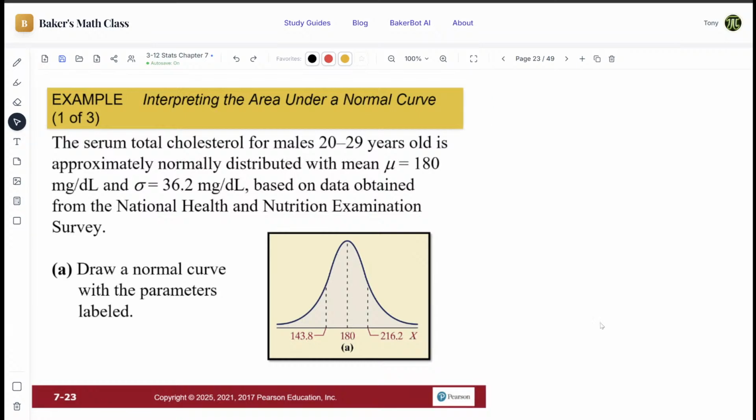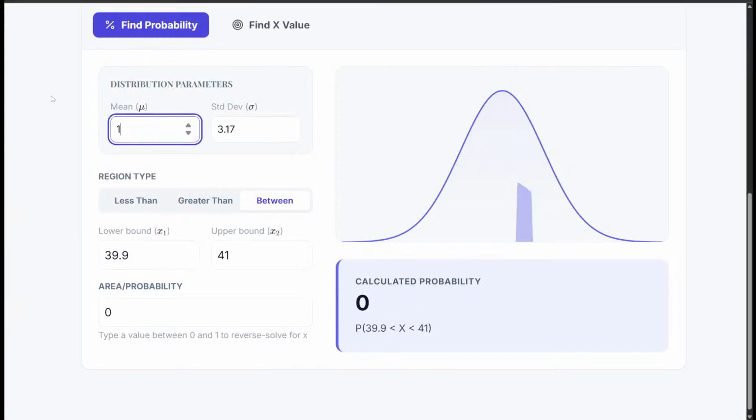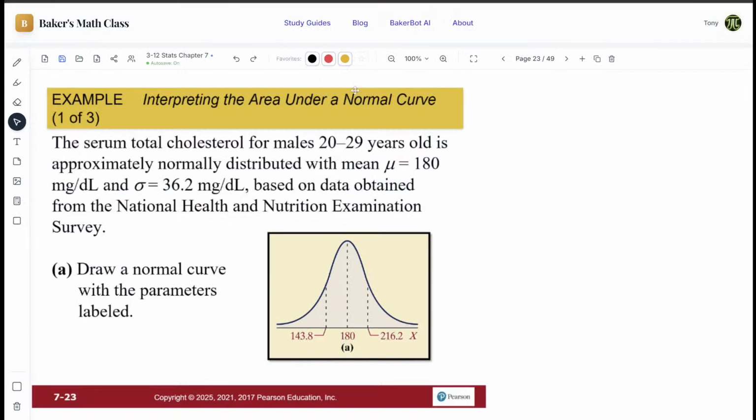The serum total cholesterol for males between 20 and 29 is approximately normally distributed with a mean of 180. So change my mean to 180, and my standard deviation to 36.2.